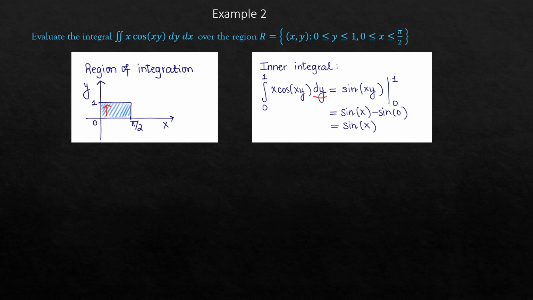So I'm looking at my function, and how did I find this antiderivative? Well, I have cosine. I know the antiderivative of cosine is sine. Now, inside the argument, I have this expression xy, and I know that if I were to differentiate with respect to y, by chain rule, I would have x.